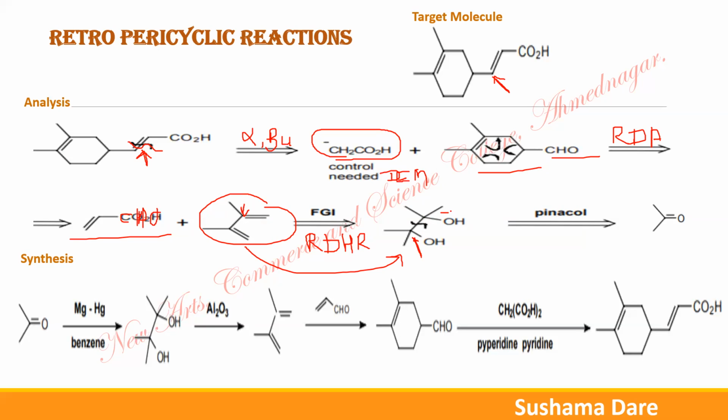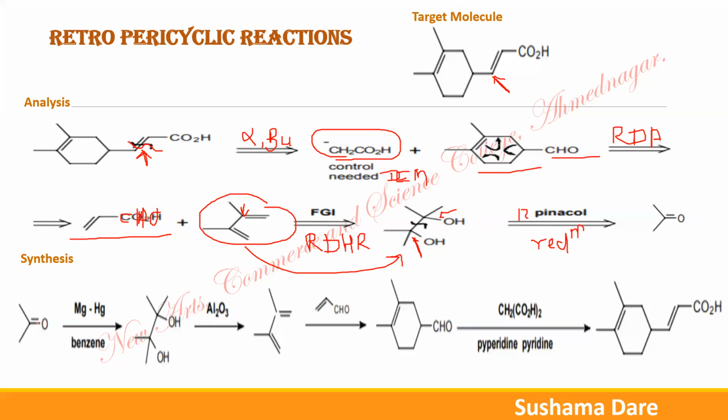Next, this is a very simple retro pinacol reduction reaction, done by magnesium amalgam in presence of benzene. Two molecules of acetone give a diol.